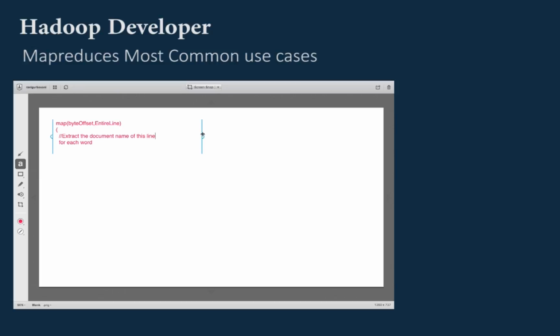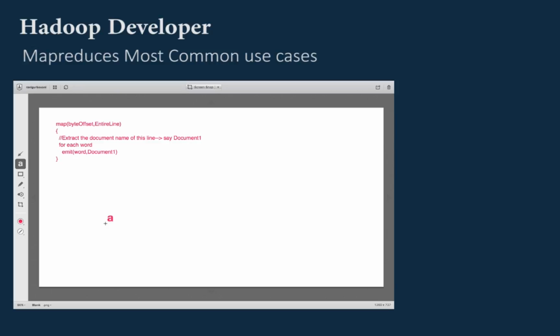So the first thing is, once we read the line, we'll extract the name of the document. That is possible when you have a block. When you have a block, you can extract which file this block belongs to. So let's say in this case, with the help of the block, we'll come to know that this is document 1. And for each word, what we are going to emit is the word and the document name. So for each and every word in the set of documents, we'll come to know which document the word is available in.